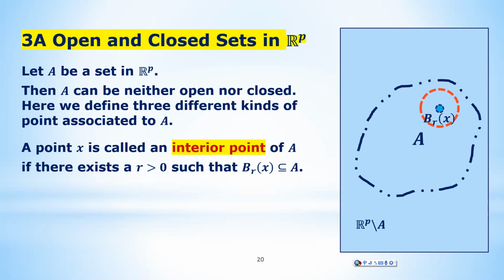So what does it mean, an interior point? It means it's really inside. Not just the point is inside, all the nearby points are also inside. If you take a point on the boundary, like a point on the solid line, this point is in A, but it doesn't necessarily mean that nearby points will also be in A. Some points very close to it may lie outside, not in A. So defining an interior point requires not just the point itself to be inside, but also the nearby points.